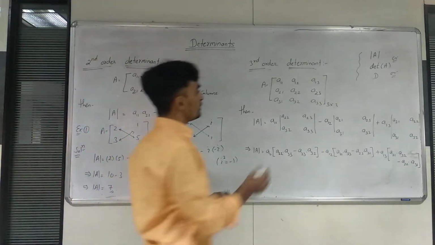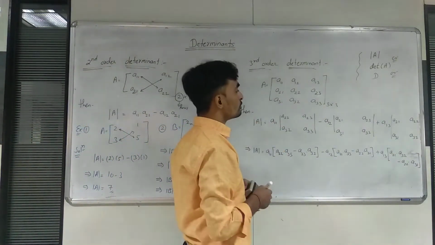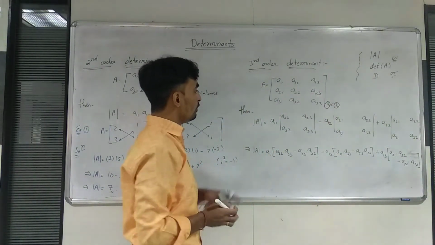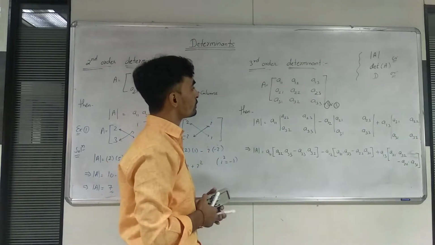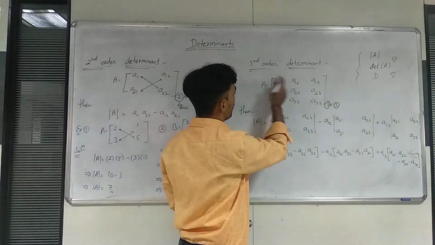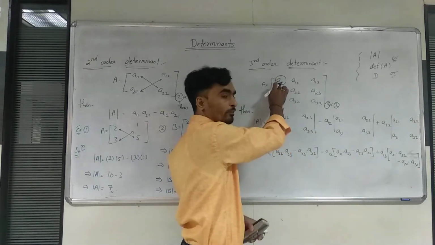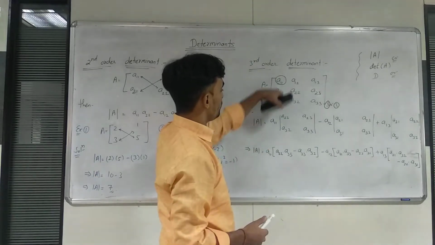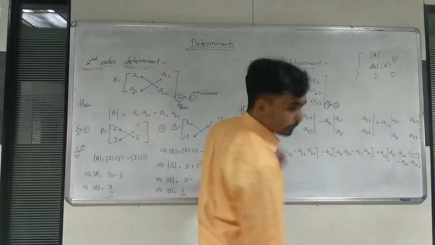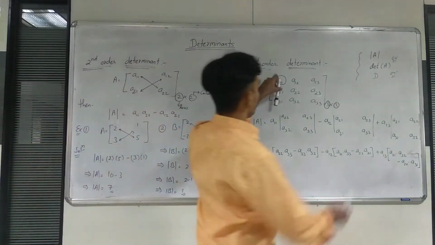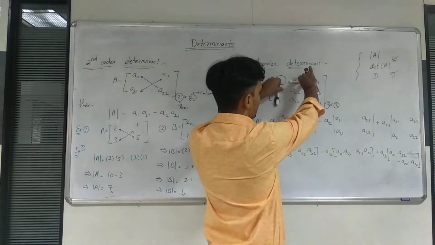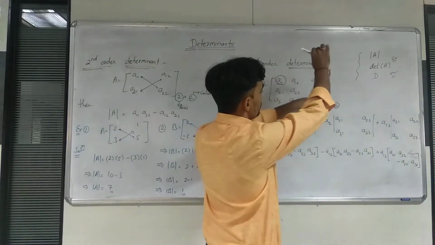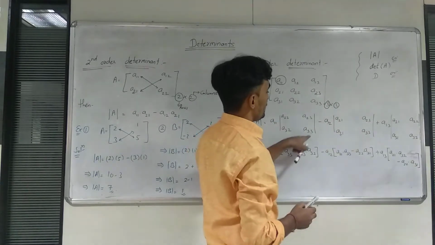Now we go for third order determinant. For this, what do we need? We need a matrix of 3 cross 3, meaning 3 rows and 3 columns. Now, how can we solve for 3 cross 3? First, the first row, first entry is A11. Take the determinant: A11 into, the rest of the entries we write as a 2 cross 2 determinant, so it is A22, A23, A32 and A33.